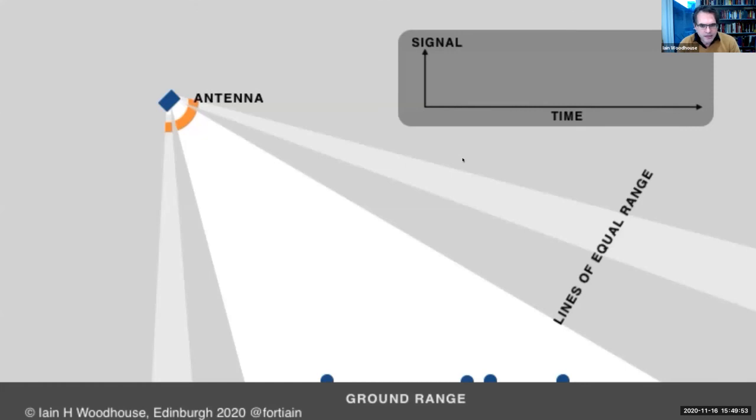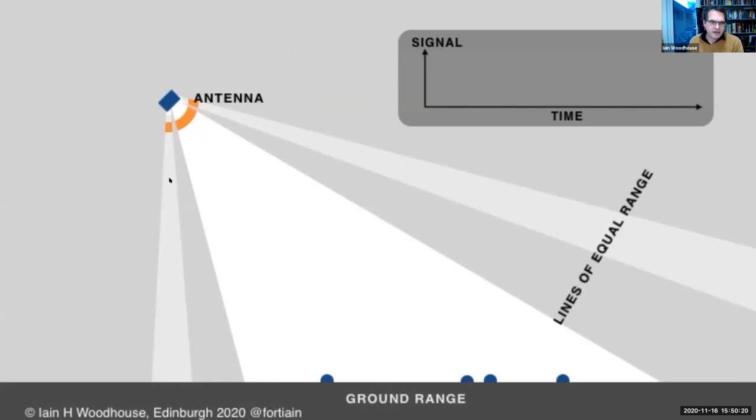Now, there's one other thing. In the range plane, we're back to looking at the radar system flying into the board or out of the board and looking off obliquely to one side. So we're looking side on here, along the direction of travel. There's one other thing we have to take into account, which is that while we have a very strong beam down the middle, we also have what are called side lobes.